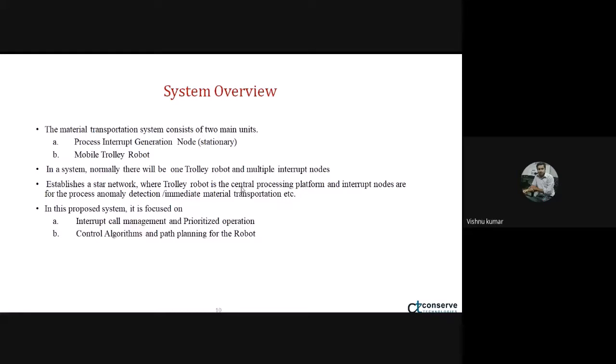The interrupt nodes are just for process anomaly detection or call management. These are the functions of the process interrupt generator. The proposed system focuses on interrupt call management, a prioritized operation and control algorithm, and path planning for the robot. These are the two research focuses of this system.